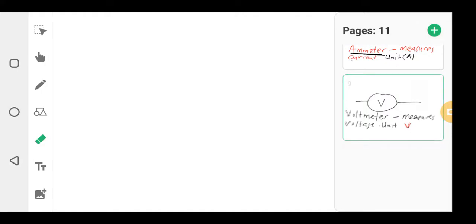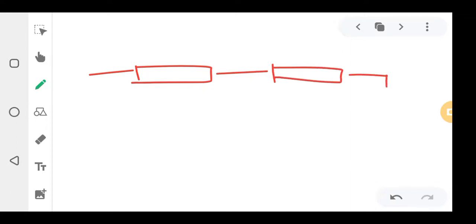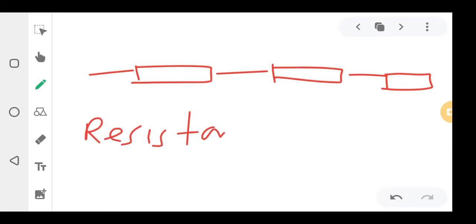Basically, those are the ones that you're going to use. These symbols that look like this are called resistors.